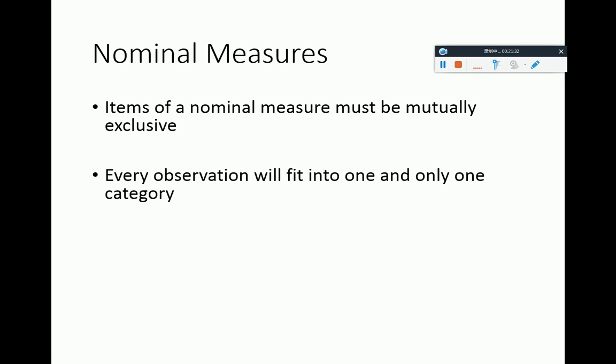That is, if you're going to answer the question in the form of a nominal measure, you can only choose one option. There are no "both are correct" options in a well-designed nominal measure. That's what we mean by each observation can only fit into one and only one category.